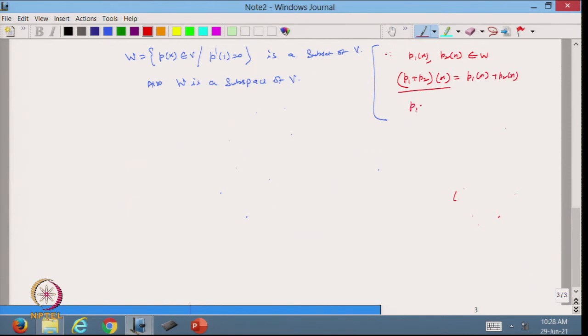Now, what about (P1 plus P2) at 1? That will be equal to P1(1) plus P2(1), and this is 0 plus 0, which is 0, because these two polynomials belong to W. Actually, in W I should take the derivative. So, no problem, we will take the derivative. The derivative we also know, and we also know that this is equal to this.